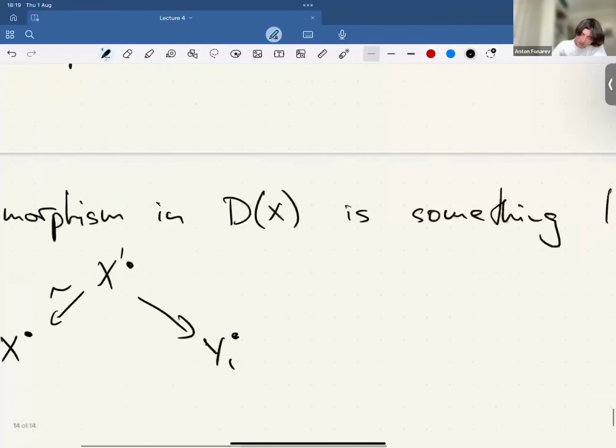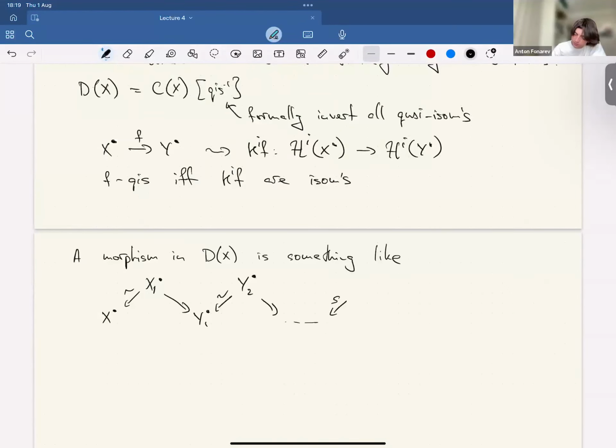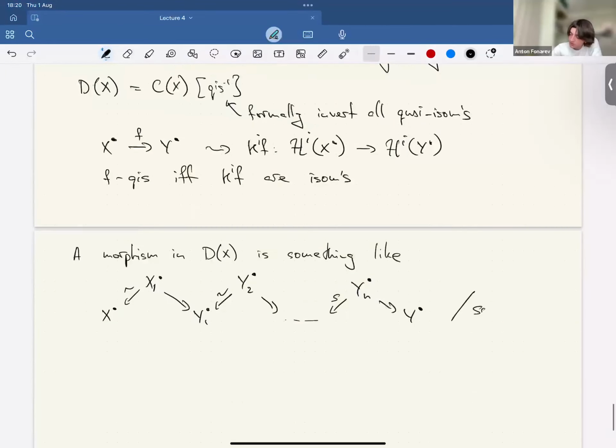Then you replace Y1 by a quasi-isomorphic complex, and then you map, etc., up to the end where you replace by a quasi-isomorphic, but you see you're going in the opposite direction. You kind of formally add inverses in here. And then it's very easy to compose this way, but up to some equivalence.